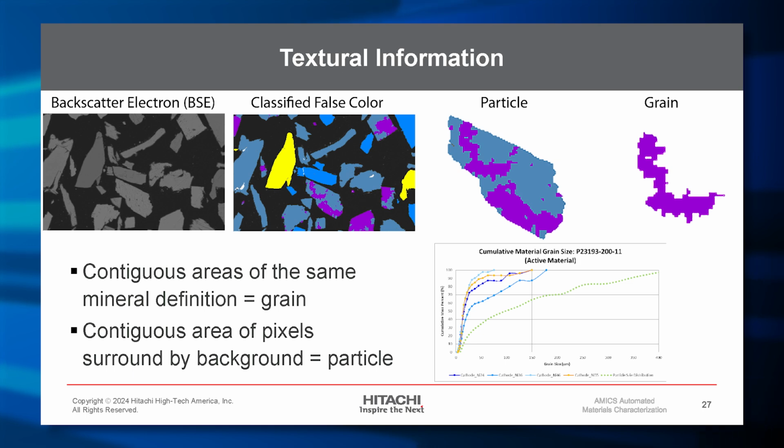And particles, which were, in the old definition, completely surrounded by background. We've now implemented something that we call de-agglomeration, which tries to separate out touching particles based on grain shape and some mathematics around that. That's definitely an evolving area, and maybe a place where machine learning can be very valuable.